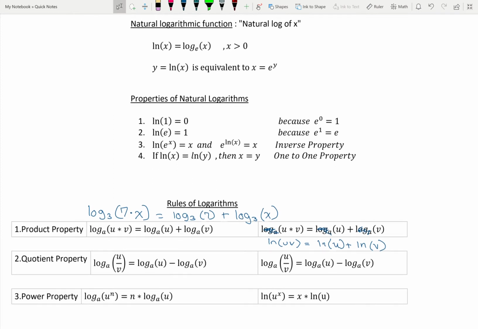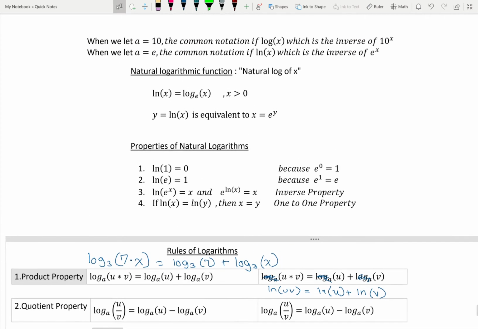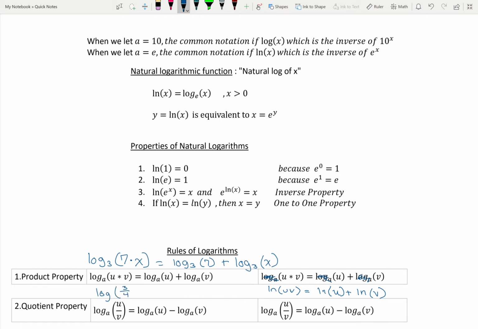Okay, so how about the second one, the quotient property? The quotient property says that if inside your log you have two things being divided, you can separate them via subtraction. So if I have log of 3 over 4, you can break that up into log 3 minus log 4.